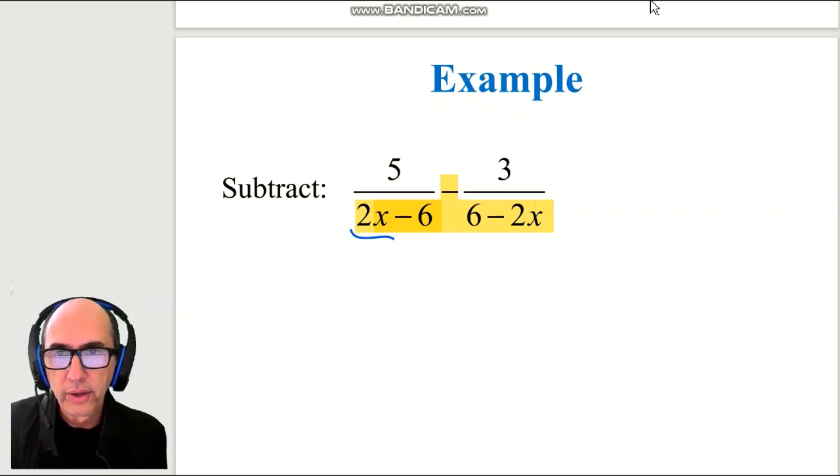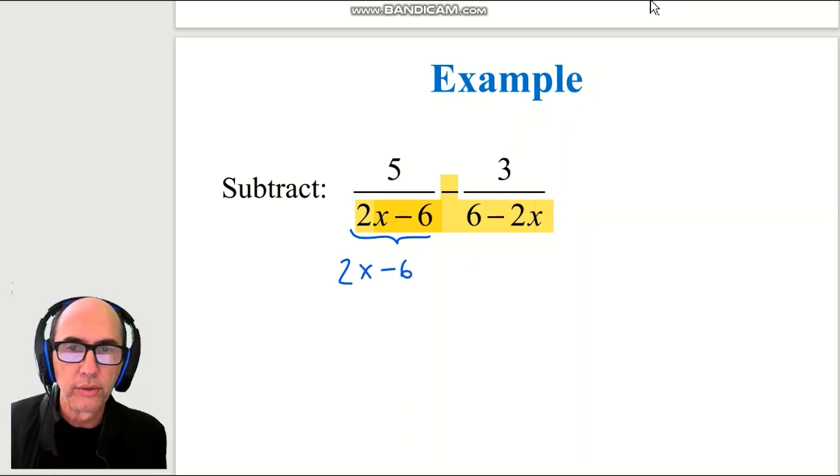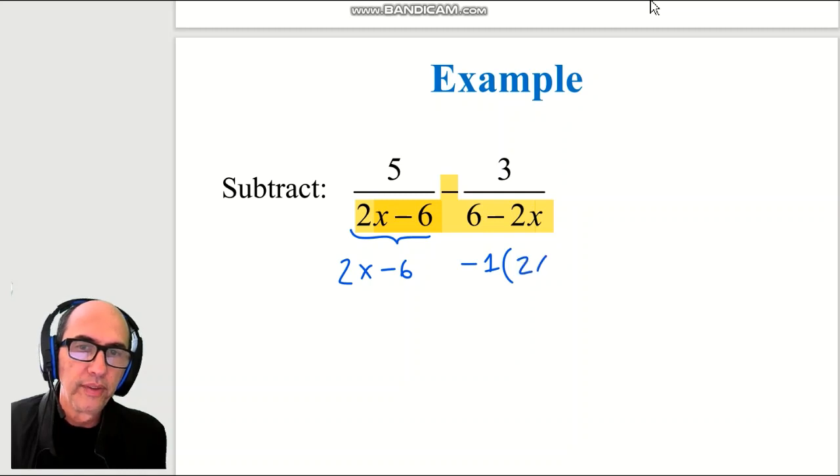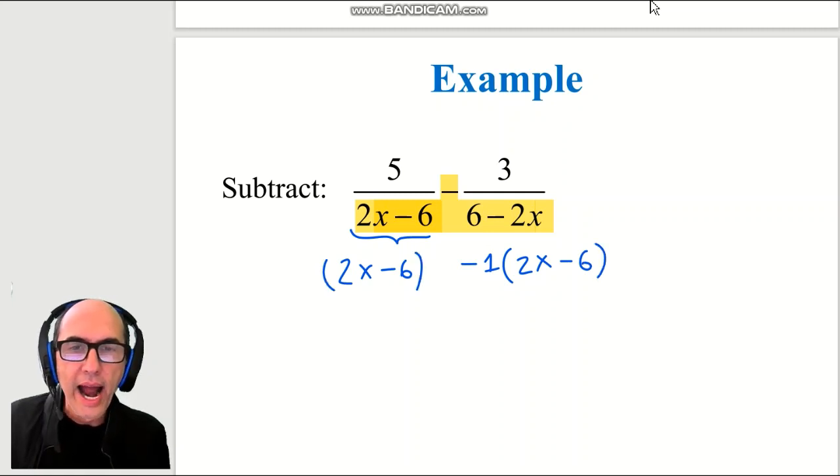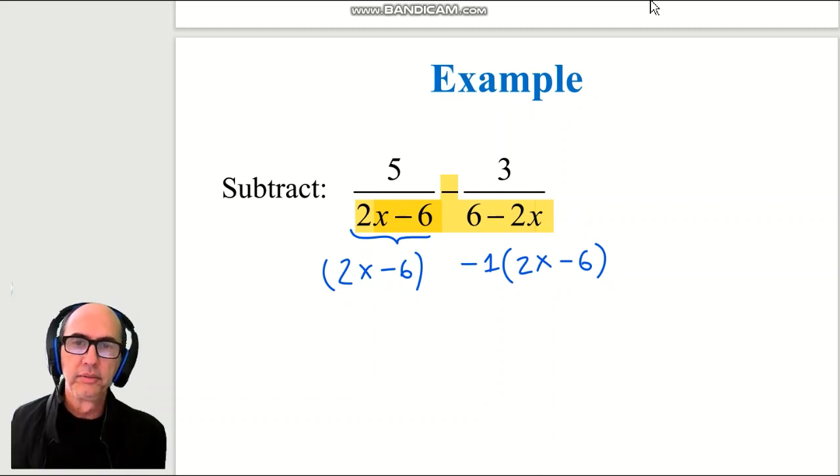If you factor out -1 from just one of these two denominators, then you're going to have 2x minus 6. They are actually the same denominator, only with the -1 factor that we can factor out.